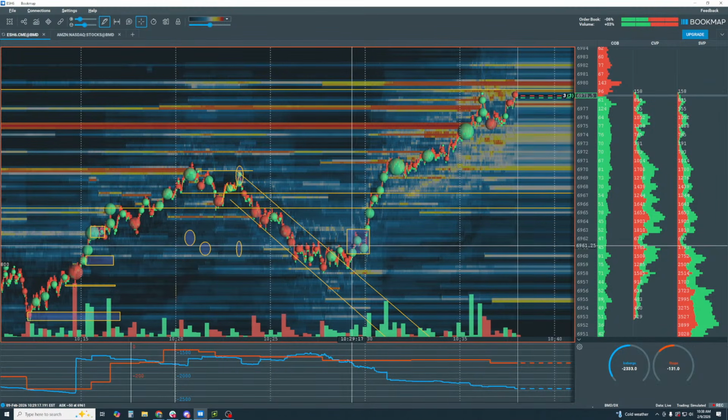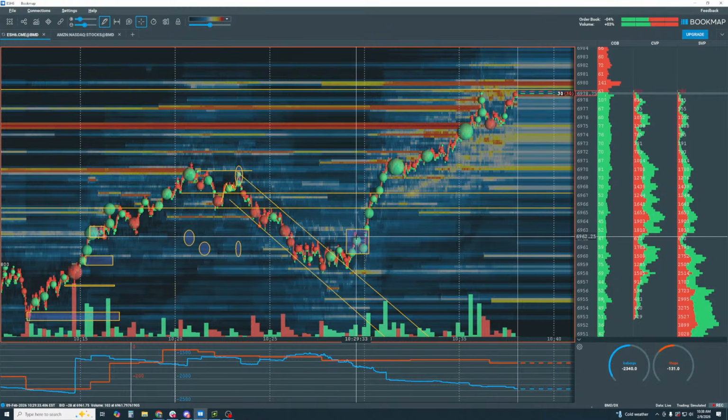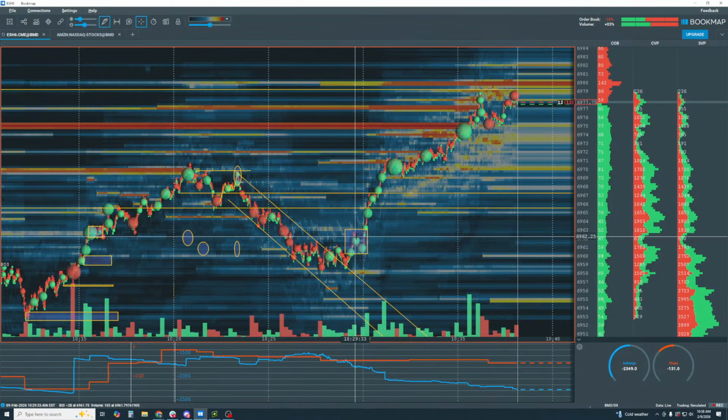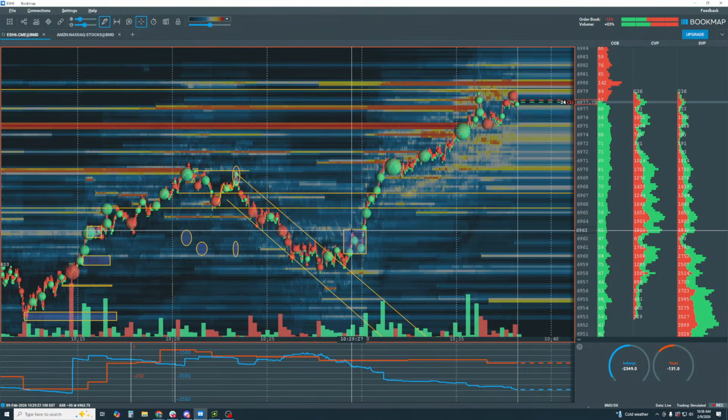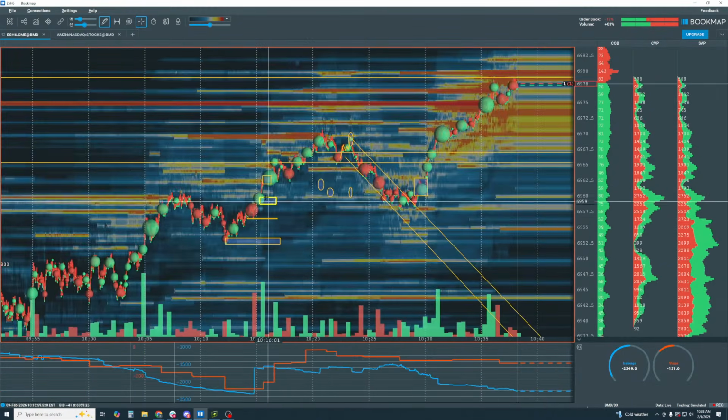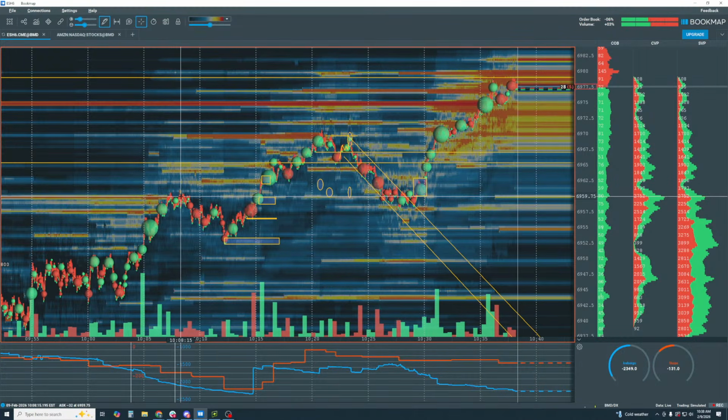It also broke the horizontal structure, and we saw this accumulation here. Now there's something more in here too. This is in hindsight. I didn't see it immediately, but this breakout from this area here, that's where these buyers came in.